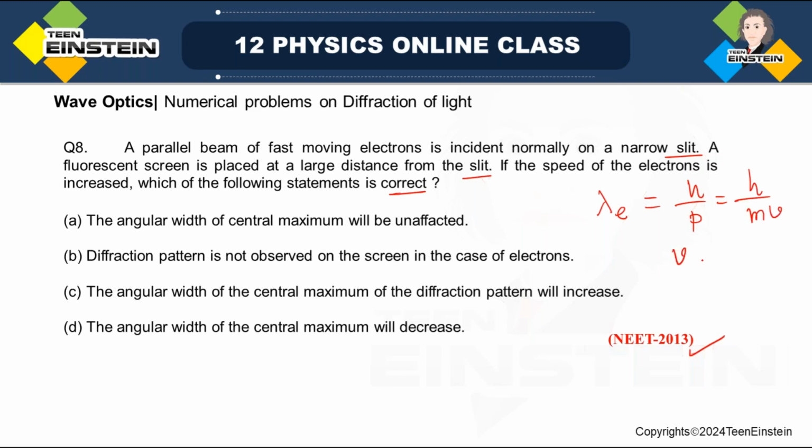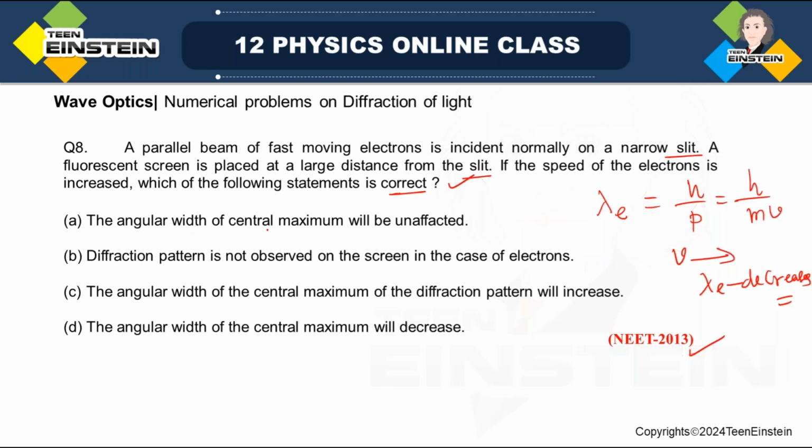Now, if the speed of the electron increases, lambda decreases. These are the things we can get from the question itself. Now let us see the options.